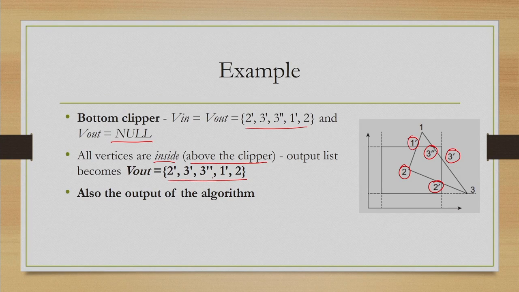This is also the output of the algorithm because no more clippers are there to check against and the algorithm stops. So, at the end of the algorithm we get this vertex list which represents the clipped region. That is how the algorithm works.